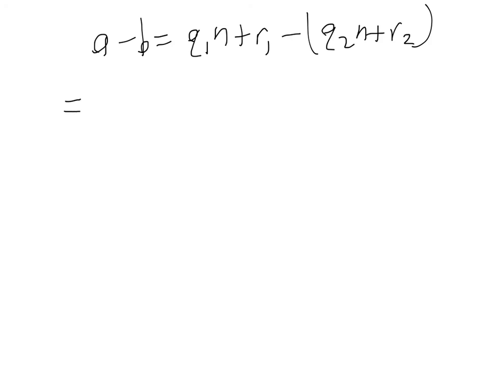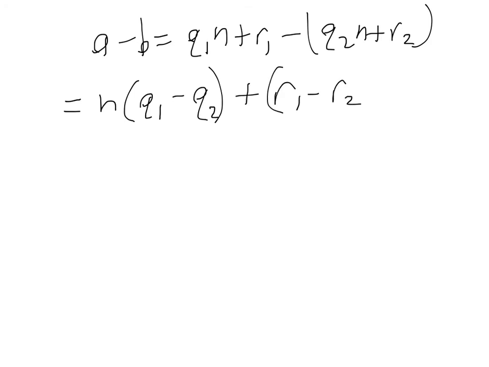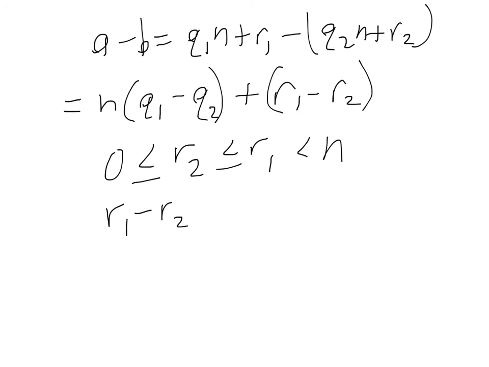And this is equal to, when I do a little rearranging, n times q1 minus q2 plus r1 minus r2. So since 0 is less than or equal to r2, which is less than or equal to r1, which is less than n, r1 minus r2 is going to be between 0 and n as well.